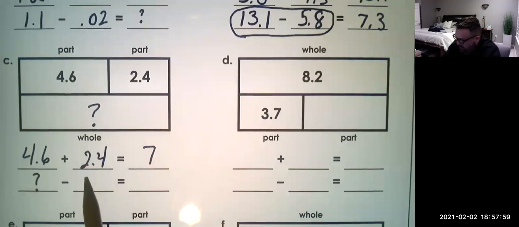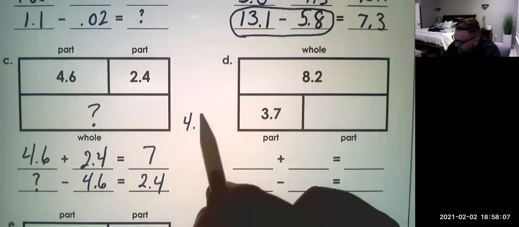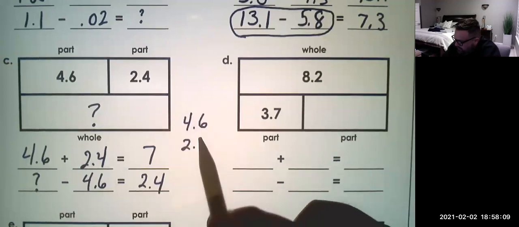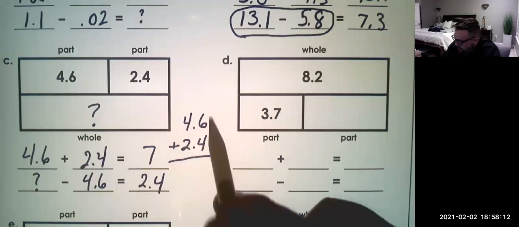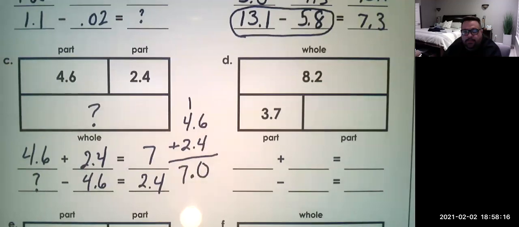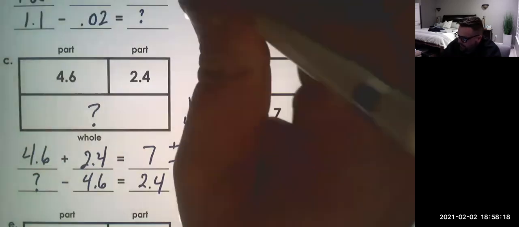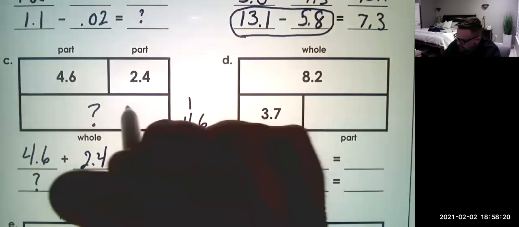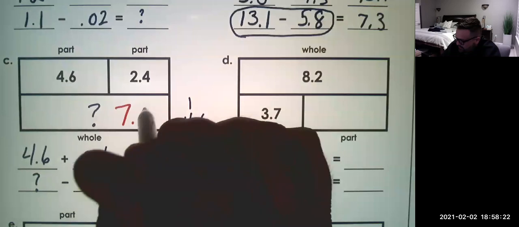And then we could subtract, really, either one. It doesn't matter. And you're going to get the other opposite answer, right? Now, make sure you're lining up your decimal. So for C, you are going to put in 7.0.